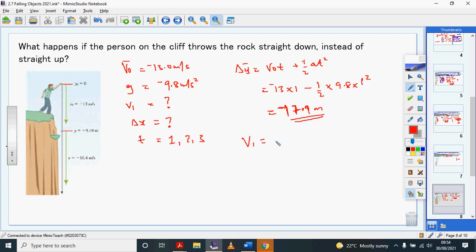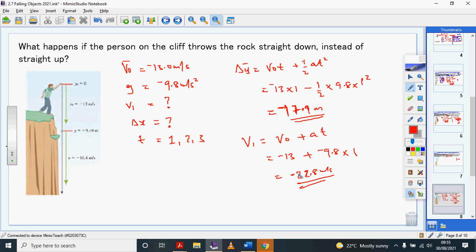The final speed will be the initial speed plus the acceleration times the time. The initial speed is negative 13, the acceleration is negative 9.8, and the time is 1 second. So negative 13 minus 9.8, I have negative 22.8 meters per second.